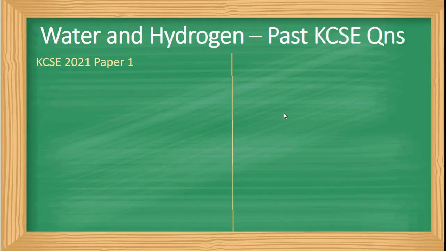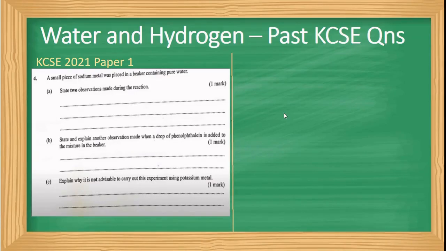And the questions that have been brought in KCSE starting 2018 and a few more years after, coming from this topic. In KCSE 2021 paper 1, there was a question on sodium metal being placed in water and its behaviors. So there are 3 sub-questions there that I want you to go look at, and then later in another session we will be able to tackle them.